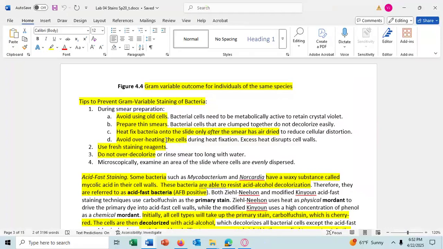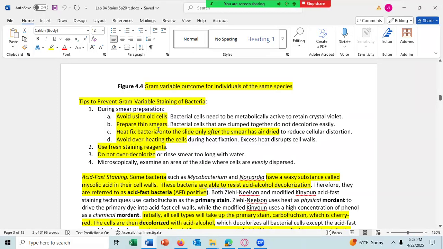And then for decolorizing, it'll have trouble removing the crystal violet from the bottom cells as well. So always have a thin smear. To make a bacterial smear correctly, you should only have the cells one layer of cell thick. And if it's not thin, the staining may not be correct.